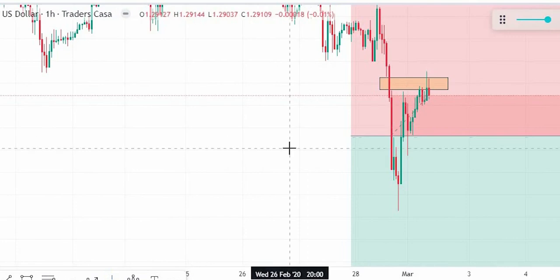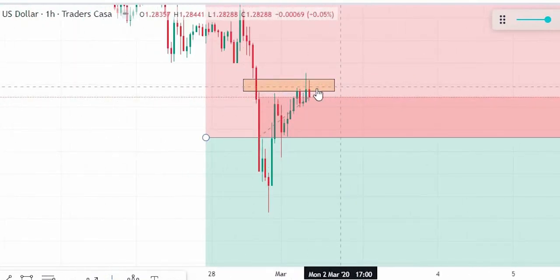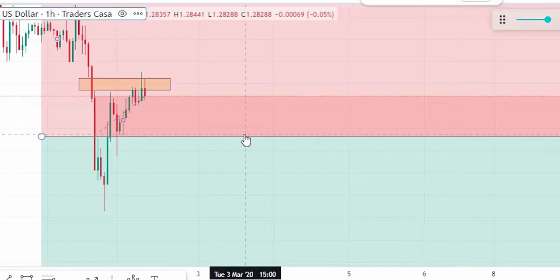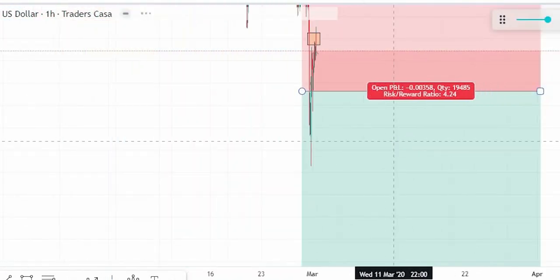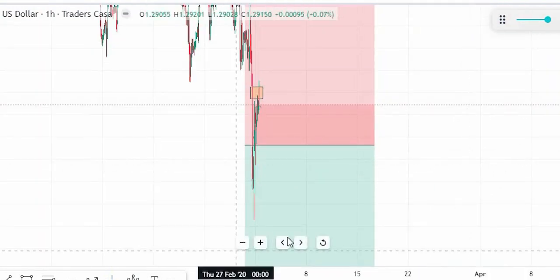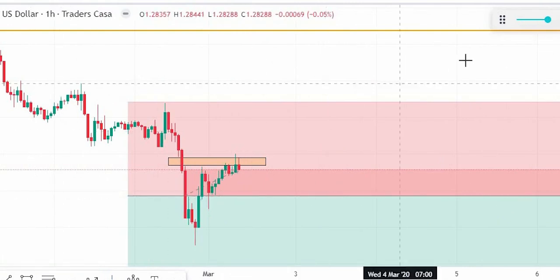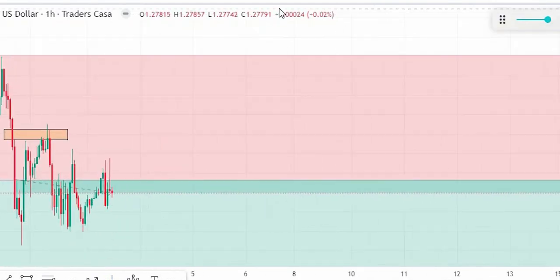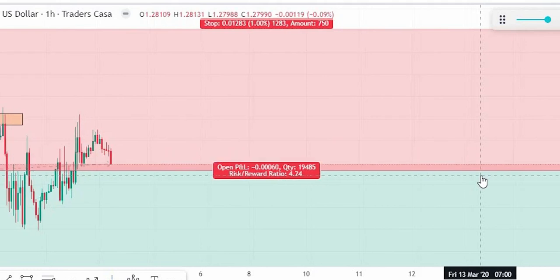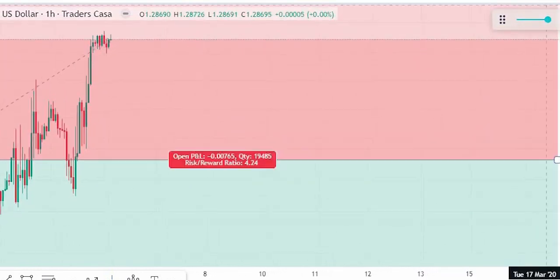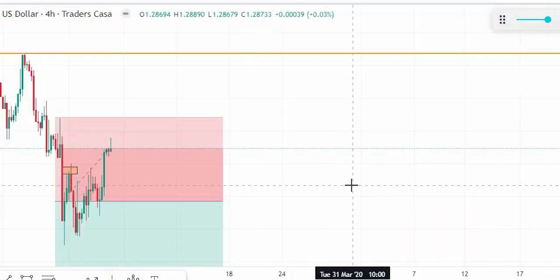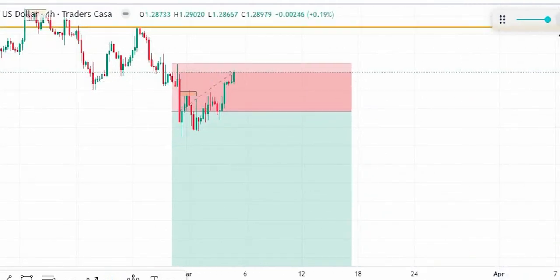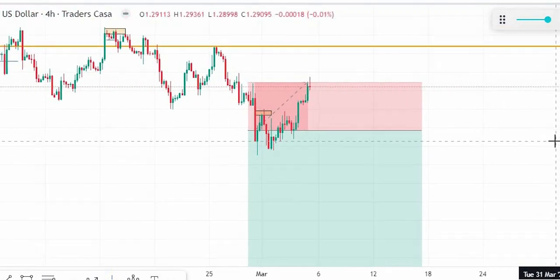You see, the market comes to grab the liquidity, the fair value gap, the imbalance that is right here, and might decide to continue downward. Our stop loss has been hit.